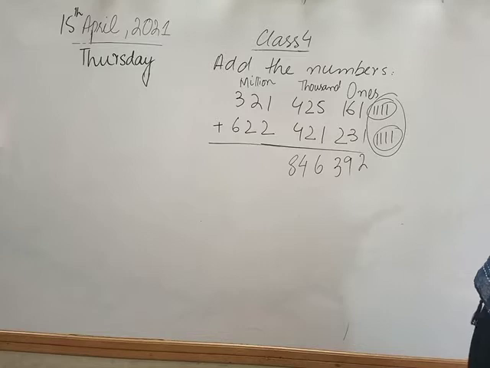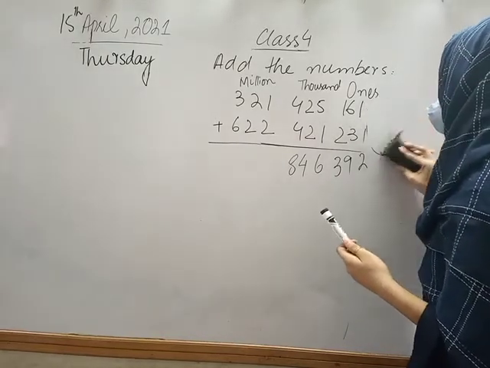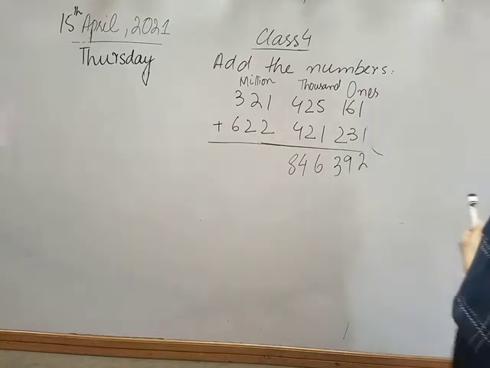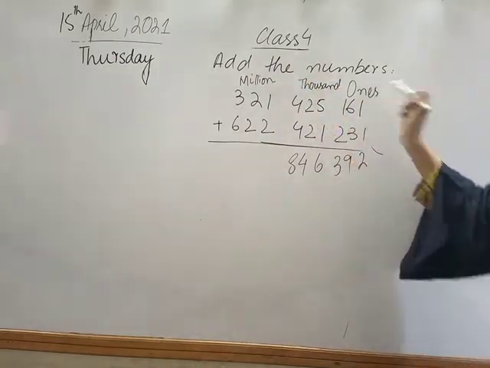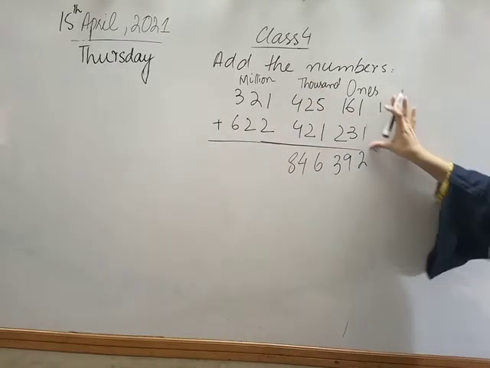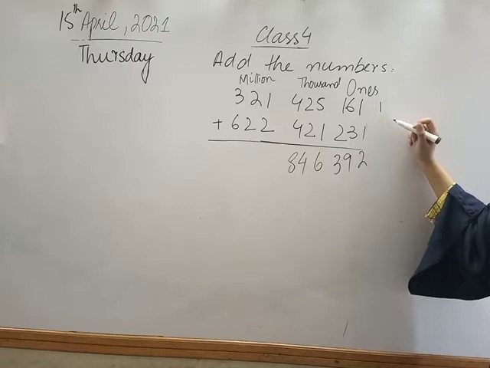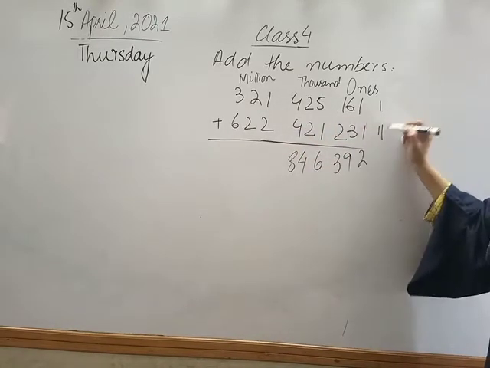Is it clear class? Now I am moving towards the next, which is the million column. The first value of million in upper is 1 and in lower is 2.